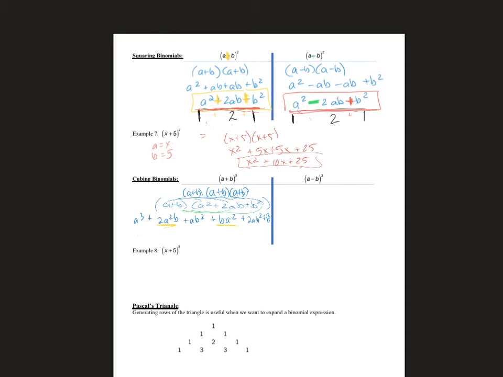So I'm going to bring down my a cubed. I'm going to combine my a squared b. The commutative property of multiplication says that the order doesn't matter in the multiplication. So I have 3a squared b. And then I'm going to combine my ab squareds. And then I'm going to bring down my plus b cubed.